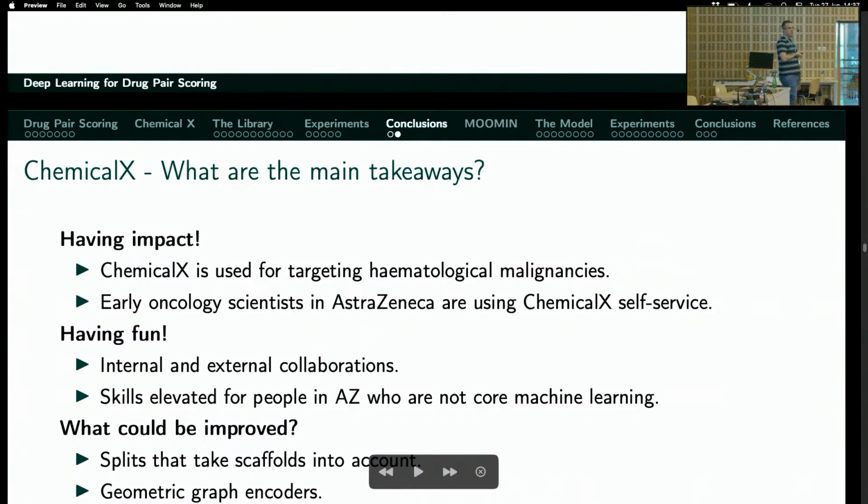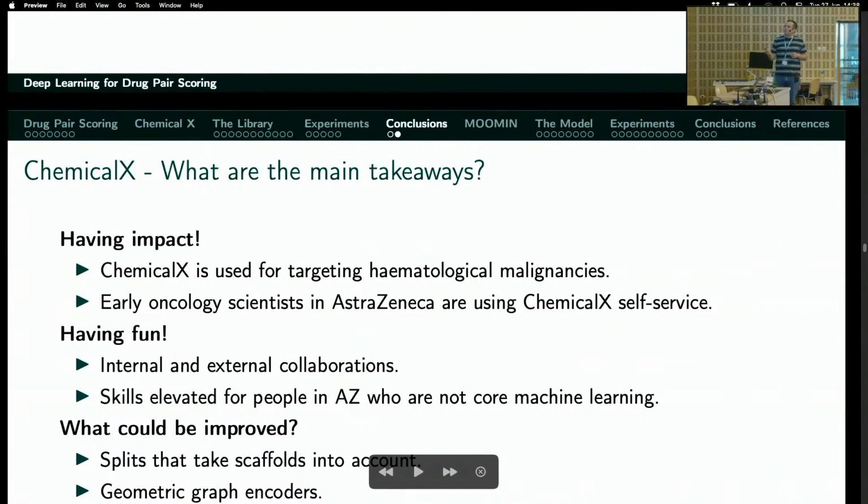For one, we have very effective medication. For the other one, not really yet. A lot of early oncology computational chemists are using this library in their day-to-day work, the internal version. It was really fun to work on this because we worked together with people from Harvard and Vanderbilt University. A lot of people who worked on this library are not machine learning engineers or scientists, so people on my team who were interested were able to use this.